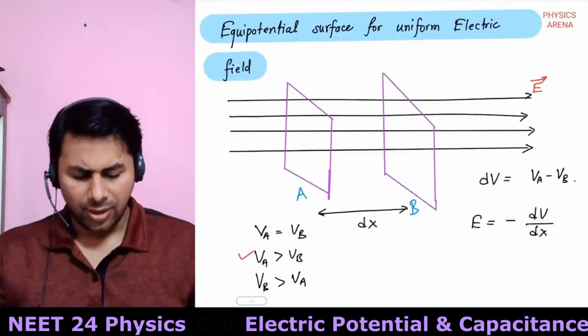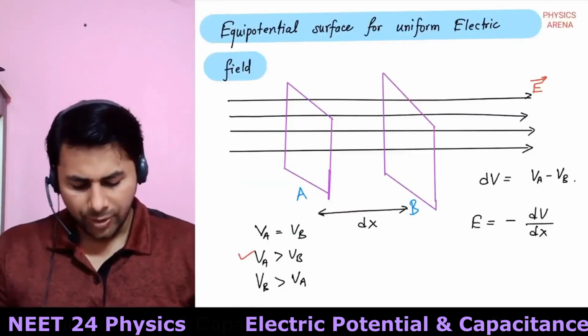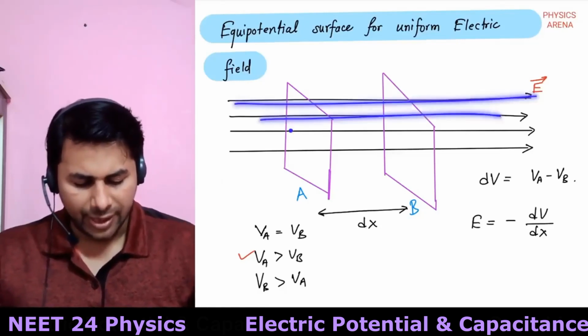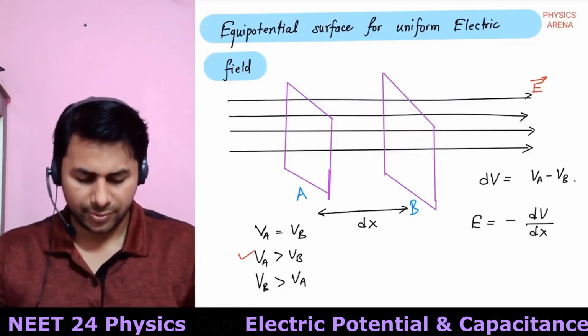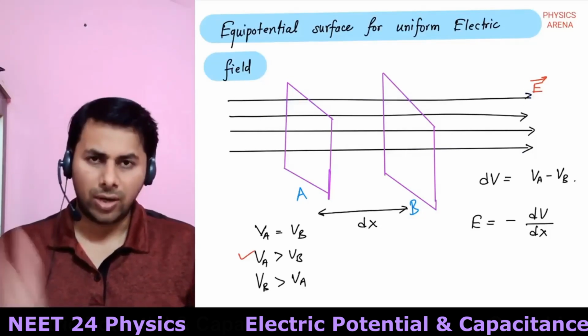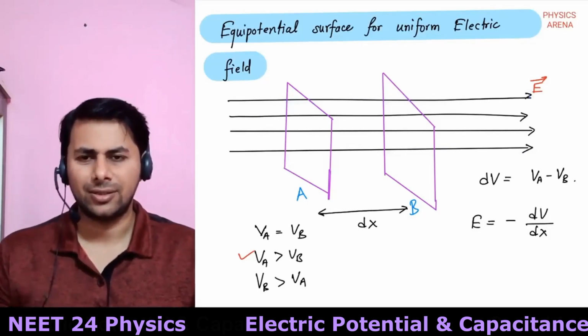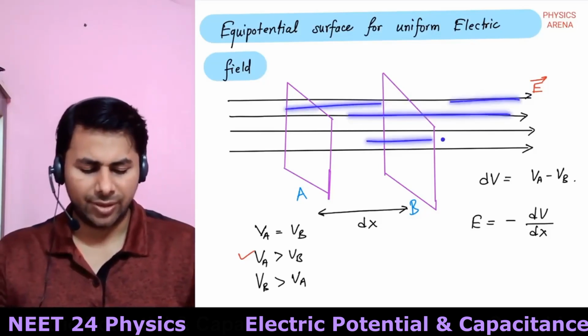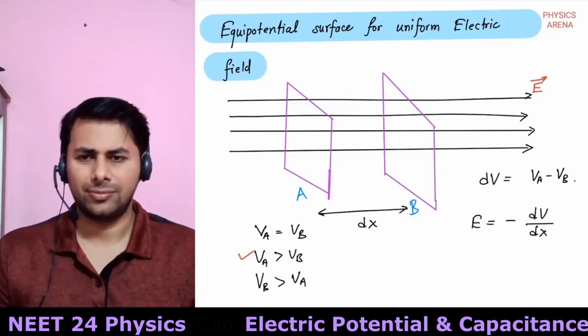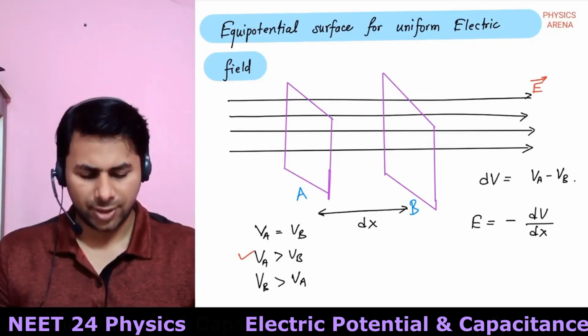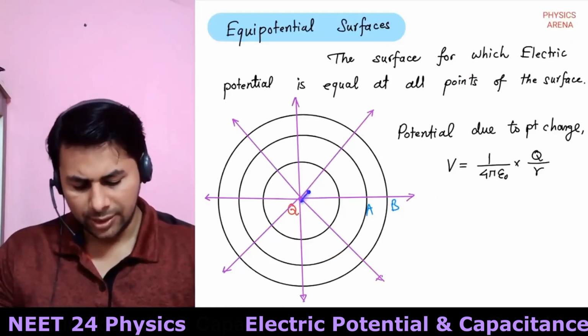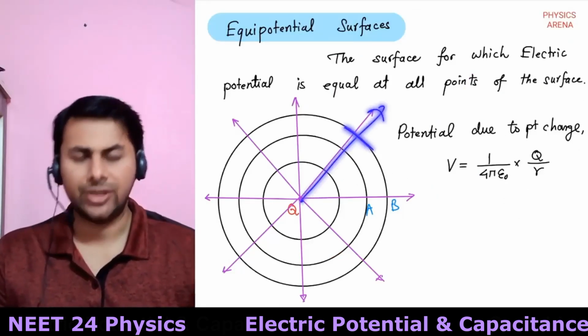So now, suppose you have the electric field like this. How will the equipotential surface for this electric field look? You have a uniform electric field. Here you can see the electric field line and this equipotential surface.